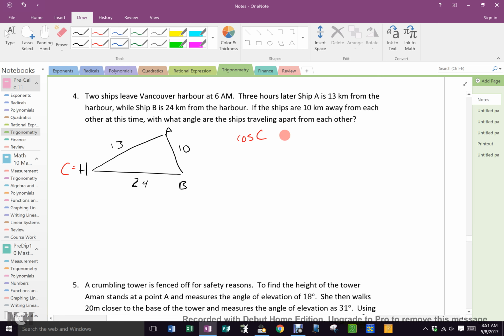Which means what goes first? 10 squared minus, order doesn't matter, over negative 2 times 13 times 24, yes? Everyone agree? Okay. What happens when you punch that in your calculator? And of course, what do you do to that big, huge number?